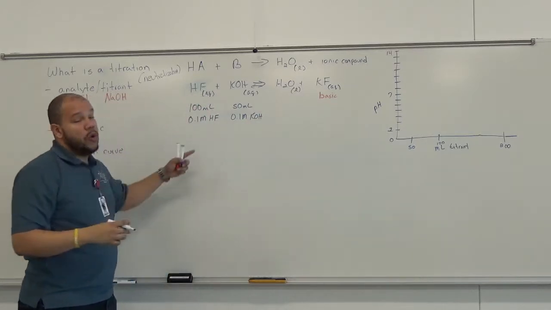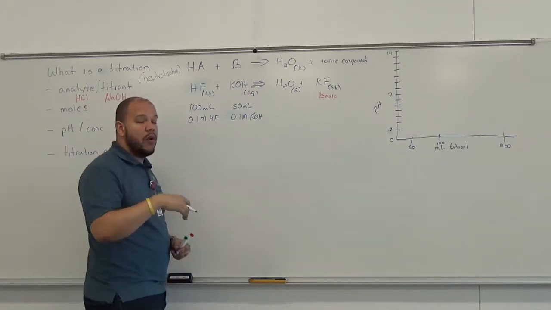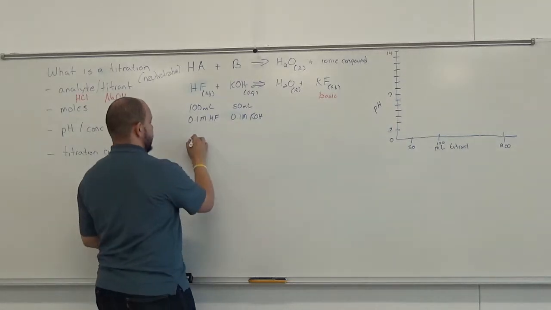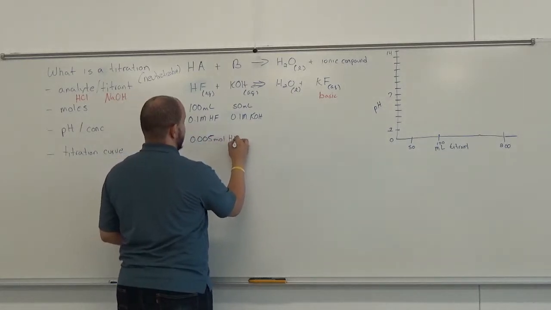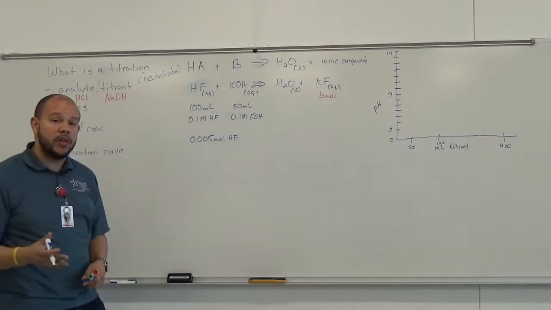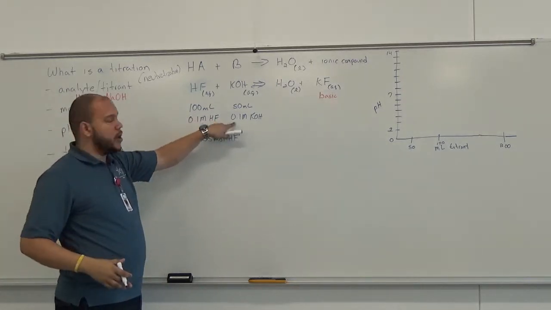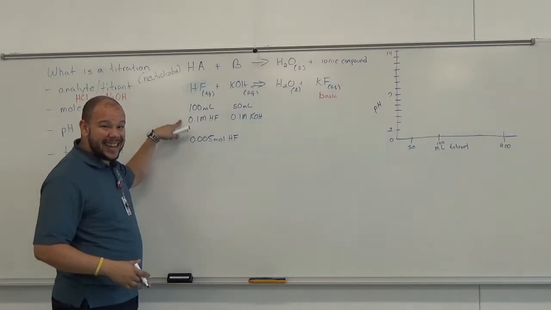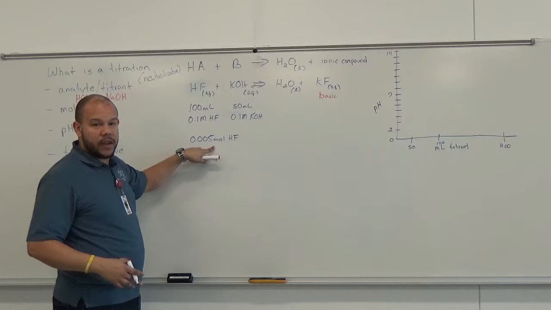From our last example, we know that we're going to be left with 0.05 moles of HF. I'm skipping through the math here; you can pause the video, do the math and confirm that. But KOH is our limiting reagent. HF, our weak acid, is in excess.